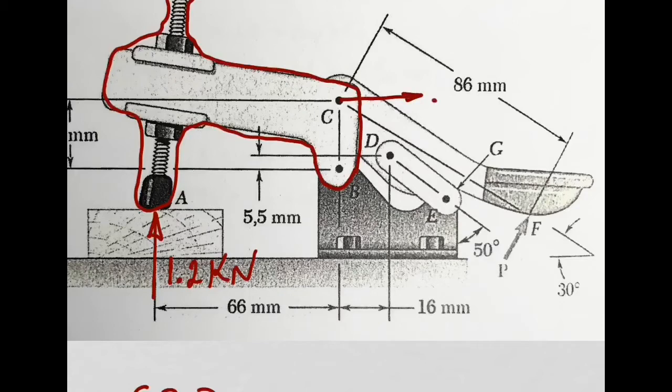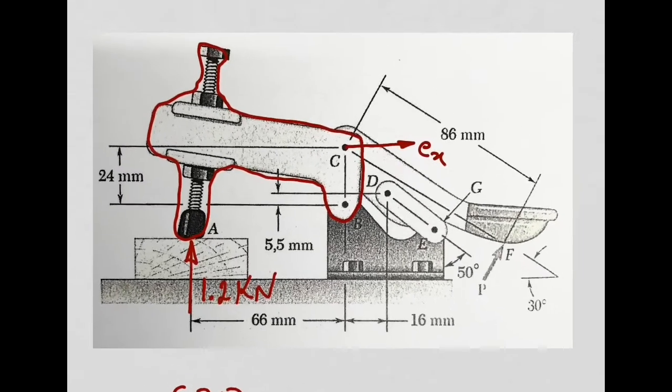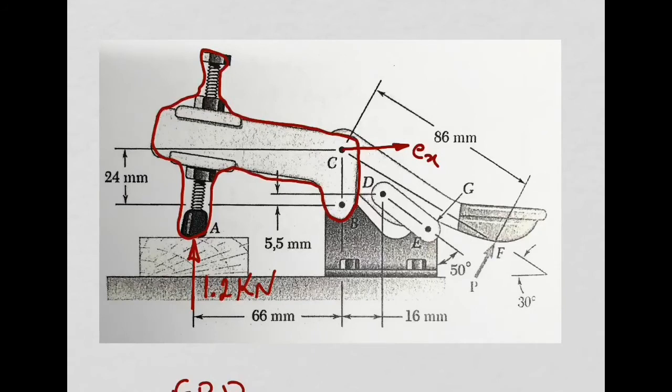I will call that reaction Cx. By the way, we need to have a coordinate system, right? So let's say this is my x-axis, this is my y-axis, with origin at point C. You can put the origin at any point, it doesn't matter.